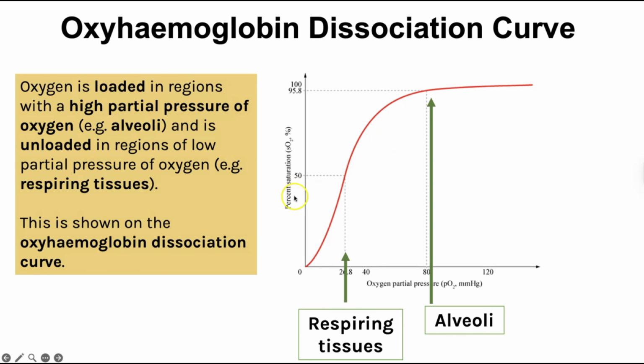And we'd say at that point, that would mean the hemoglobin has a low affinity for oxygen. Affinity being the attraction and ability to bind oxygen. Whereas at higher partial pressures, because the hemoglobin is nearly fully saturated with oxygen, that must mean that hemoglobin has a very high affinity for oxygen. It's loading lots of oxygen onto it.